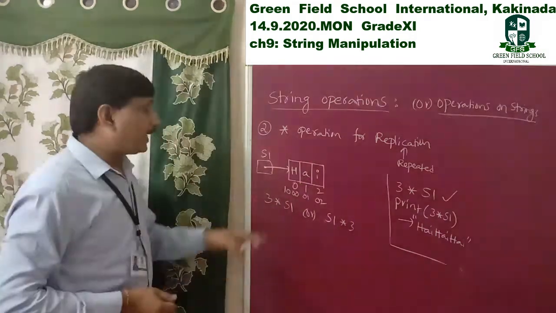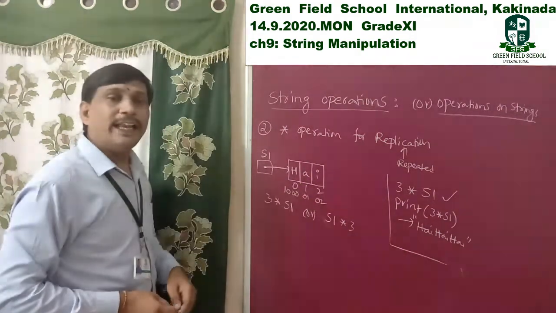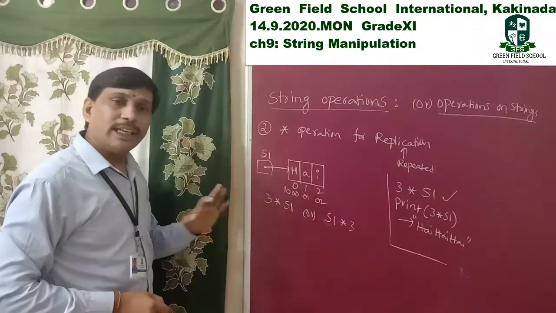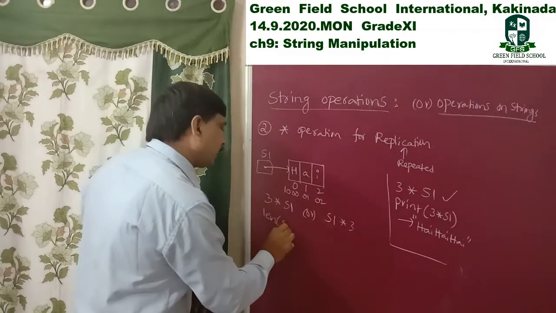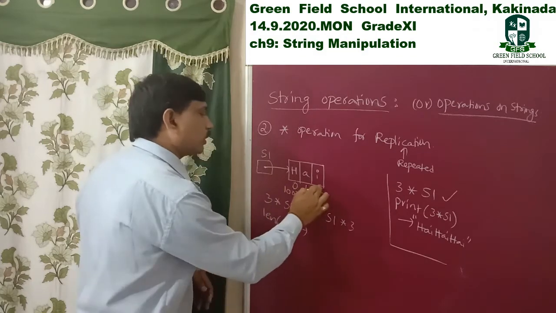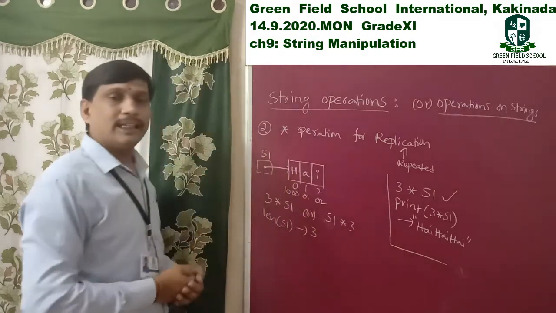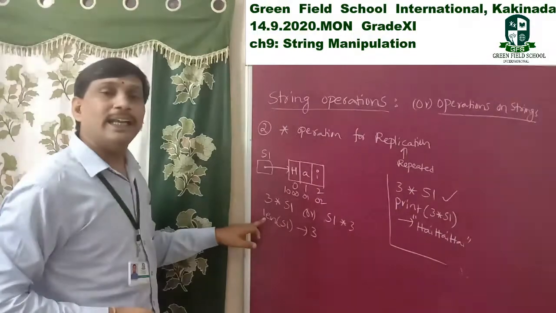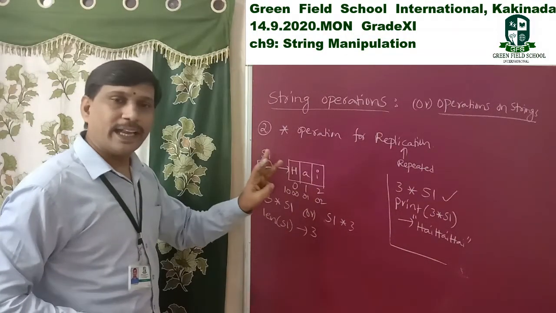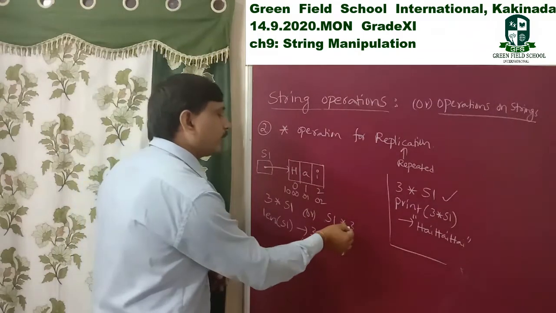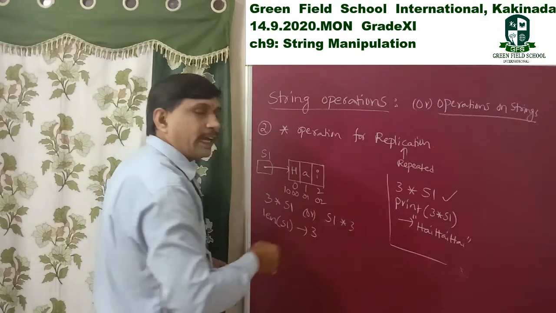The length of S1 is 3. The system automatically calculates len of S1. Len of S1 is equal to 3 characters. So 3 times 3 characters.